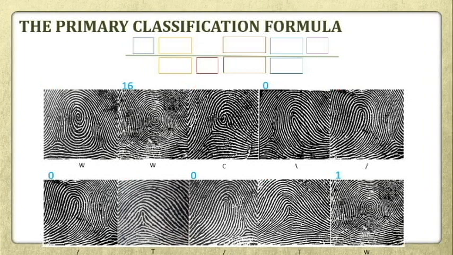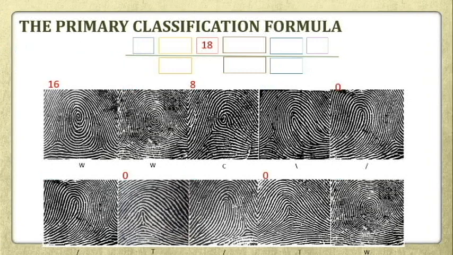All in all, for our numerator, we have 16 plus 1, that is 17, plus a constant value of 1, that is 18. So our numerator for the primary classification is 18.